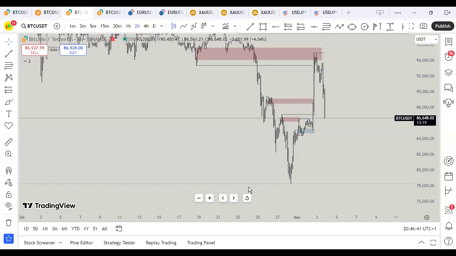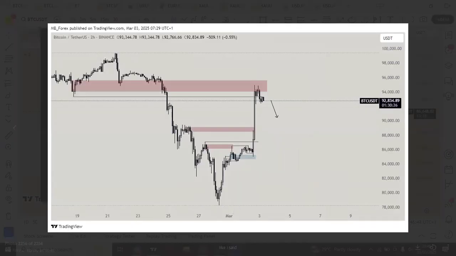Now, if you look at my screen right here now, I knew price was going to go bearish because I go from the higher time frame, which is my 2 hour, to the lower time frame.